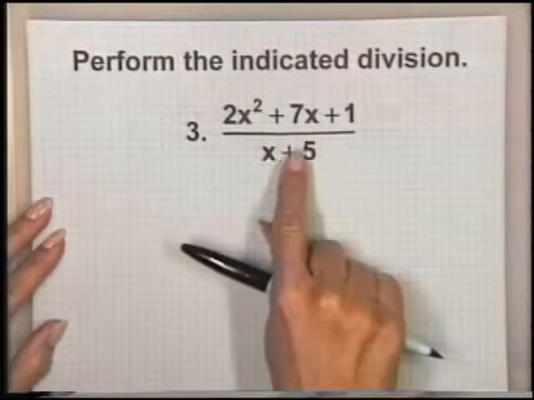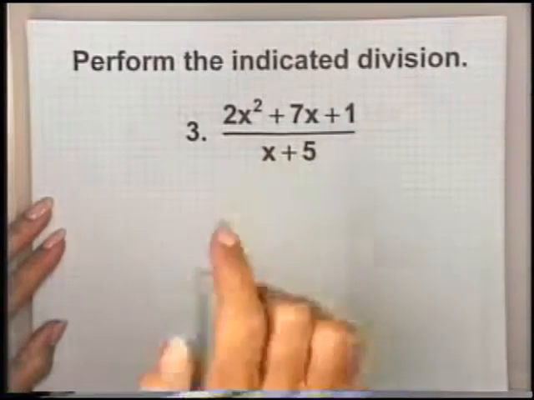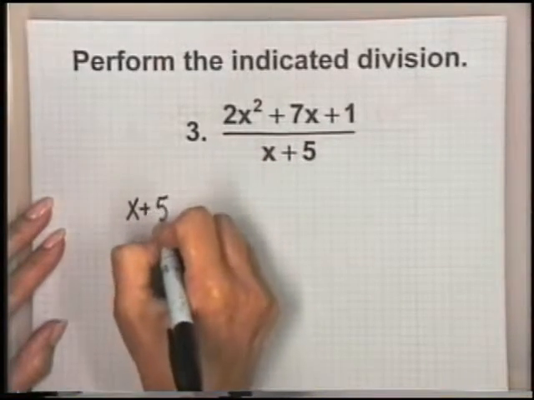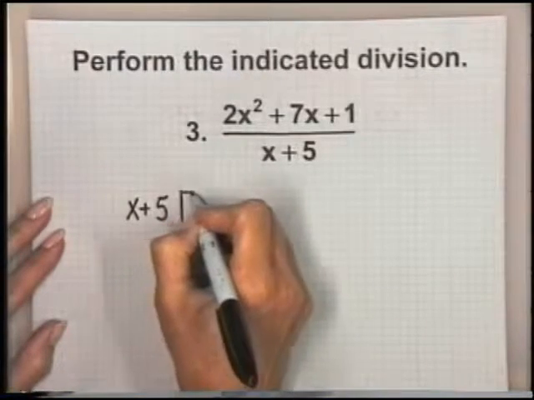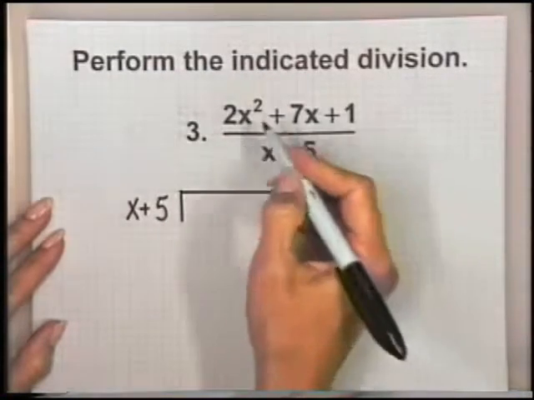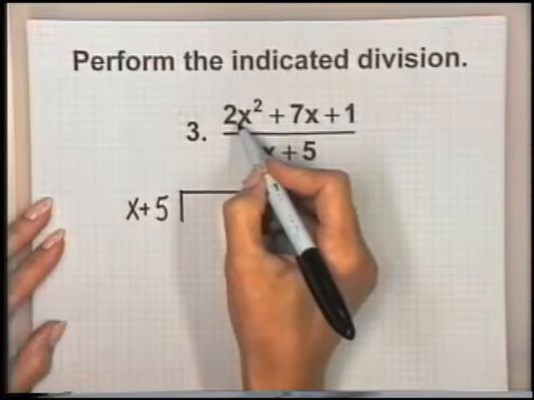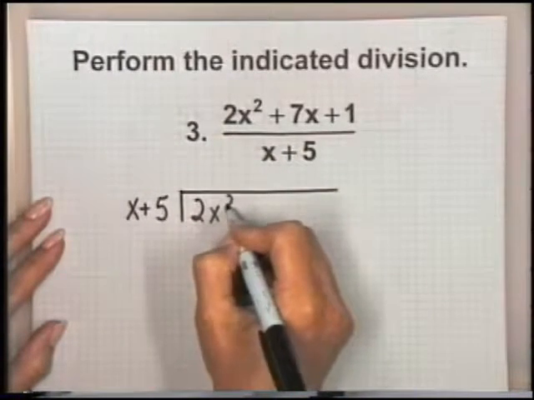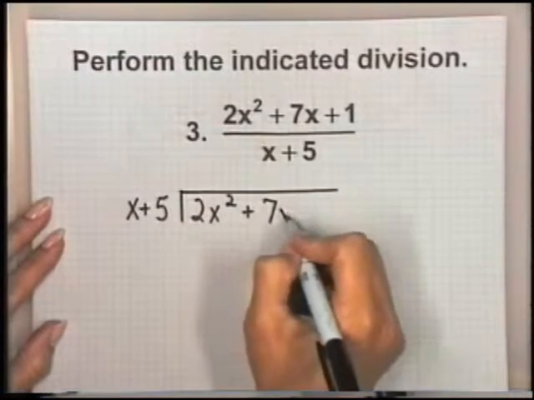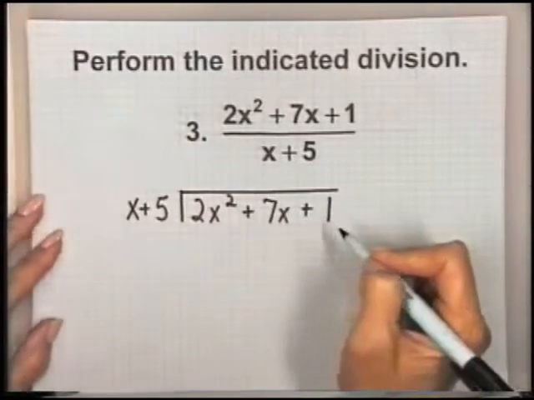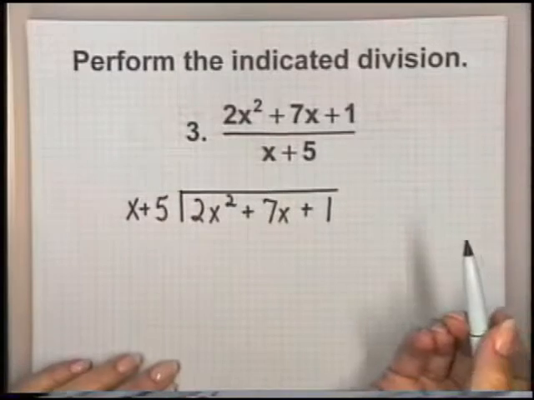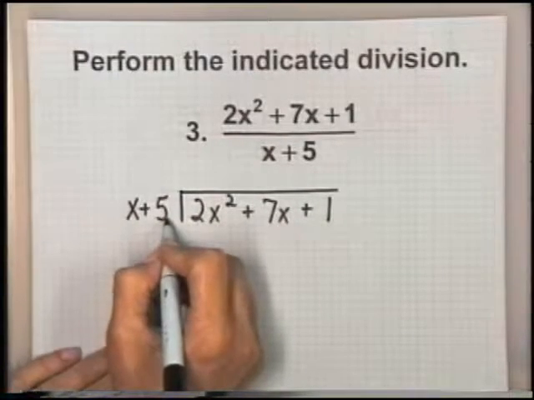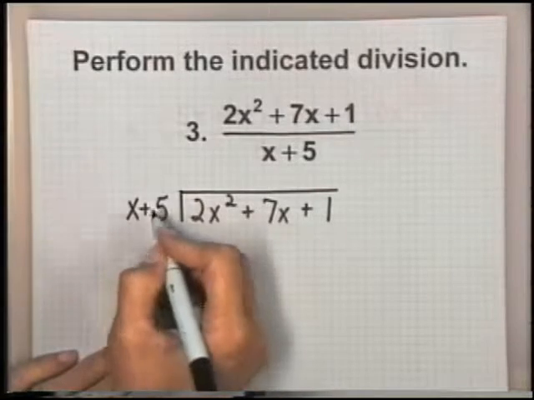So when we get ready to write our long division, the denominator, our x plus 5, serves as our divisor, and the numerator serves as our dividend. Now I would caution you that when we write this problem as a long division problem, we want our divisor to be in descending powers of the variable.